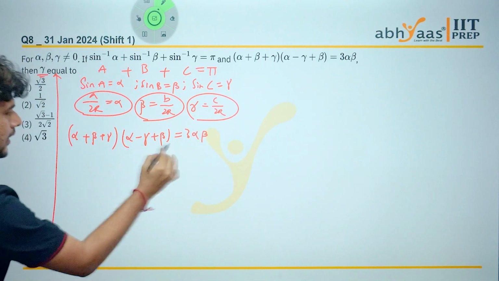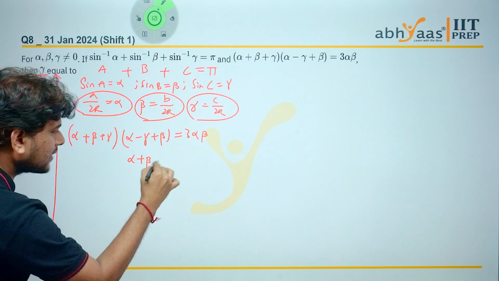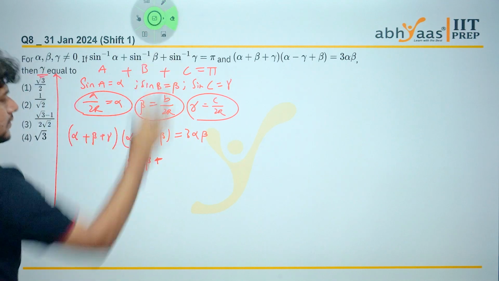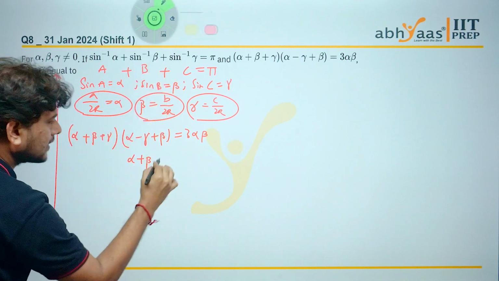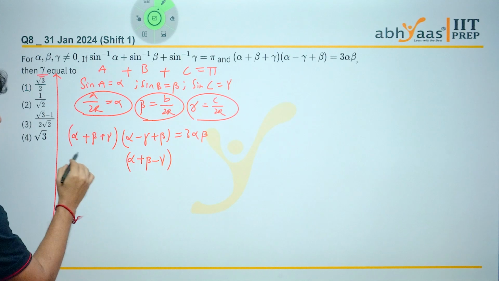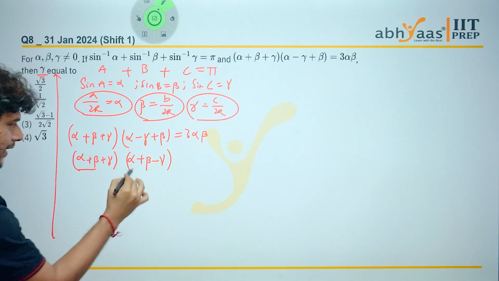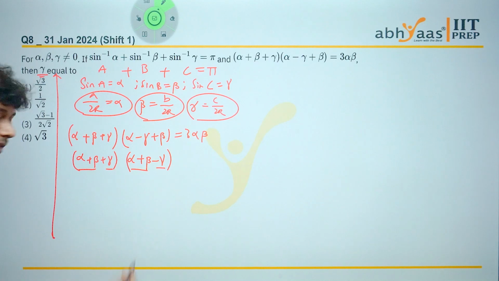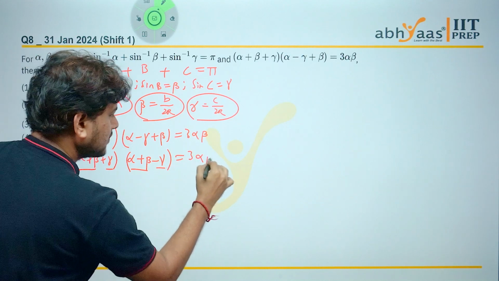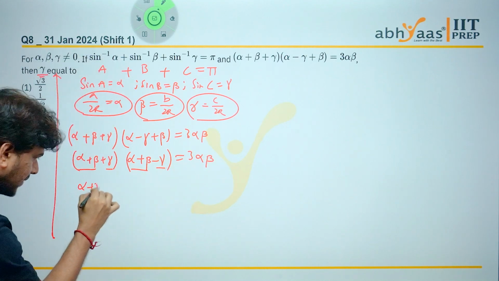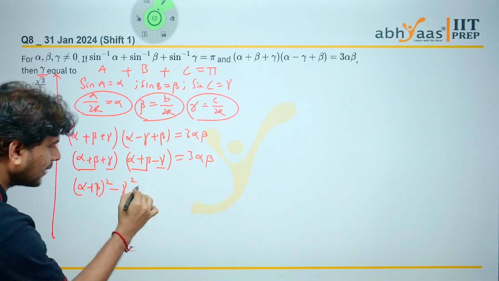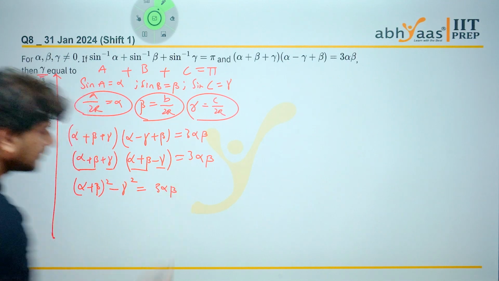Okay, rewriting this as alpha plus beta minus gamma. Now it is in the form of a plus b into a minus b, and we'll get a square minus b square. So alpha plus beta whole square minus gamma square equals 3 alpha beta.